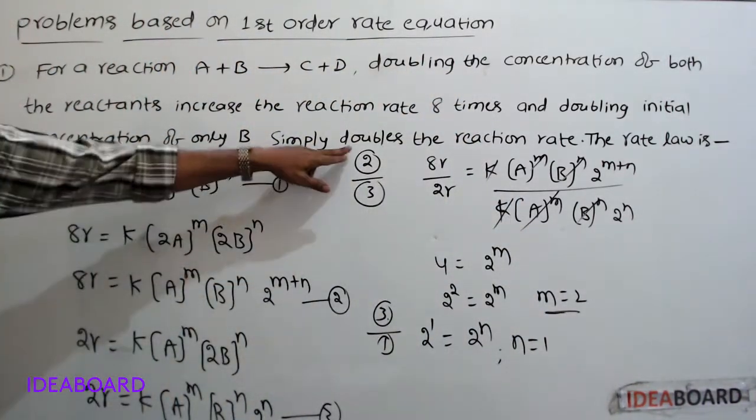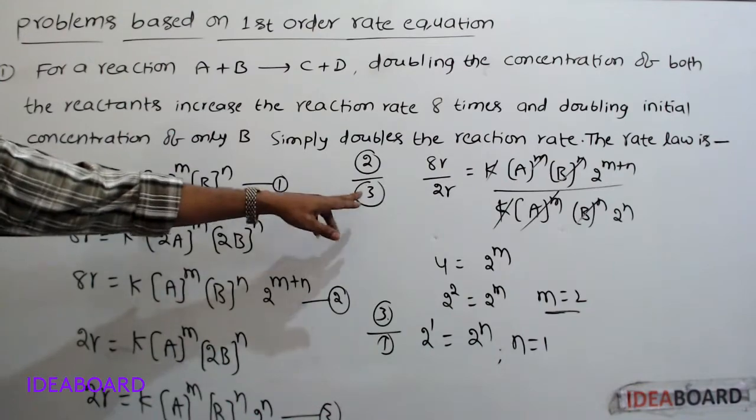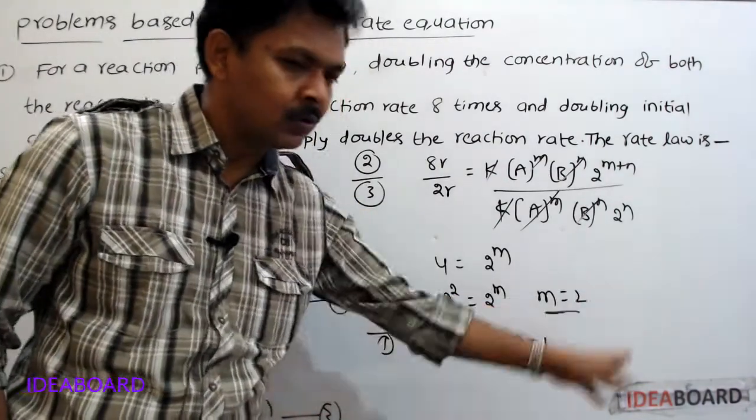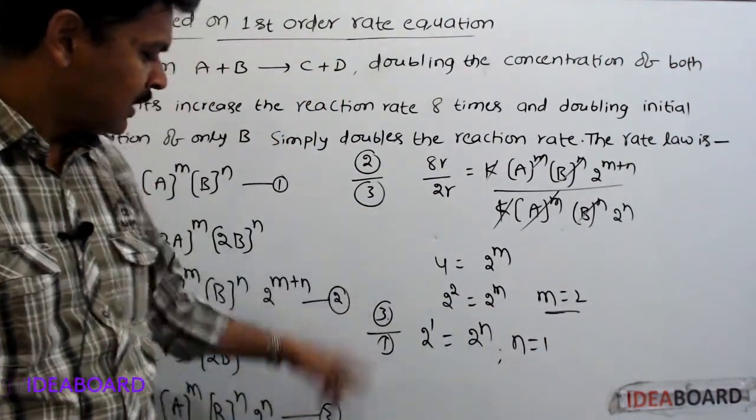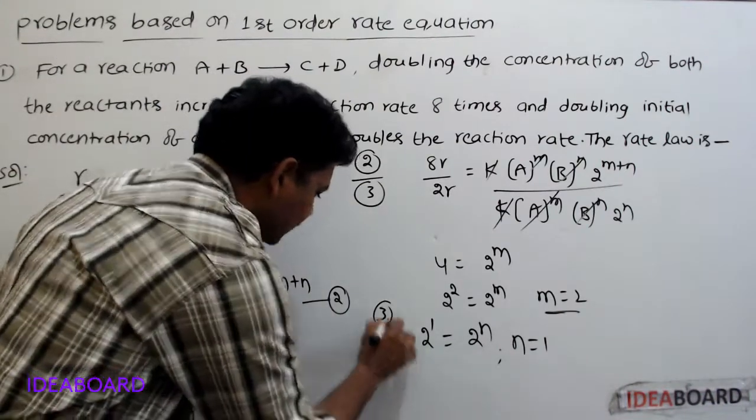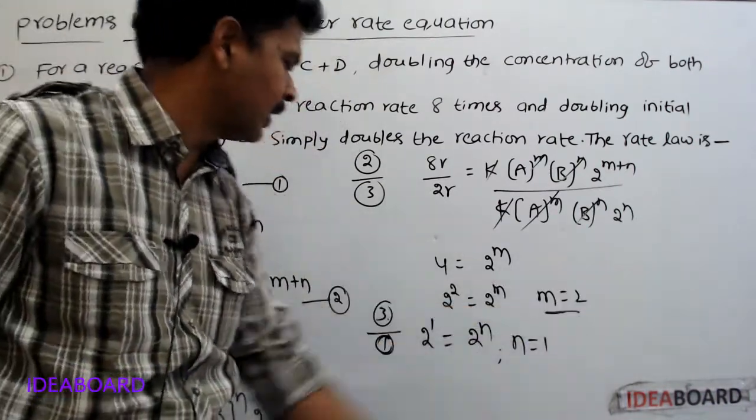By taking second equation by third equation, we got m is equal to 2. By taking third equation by first equation, we got n is equal to 1.